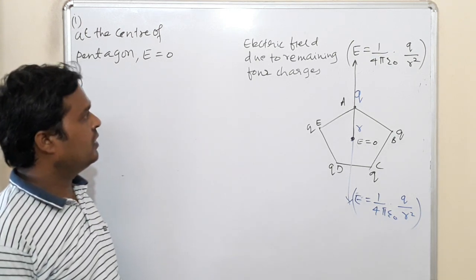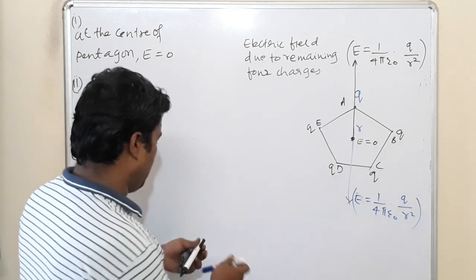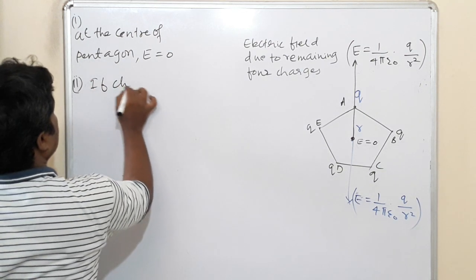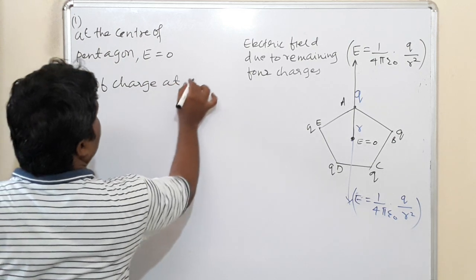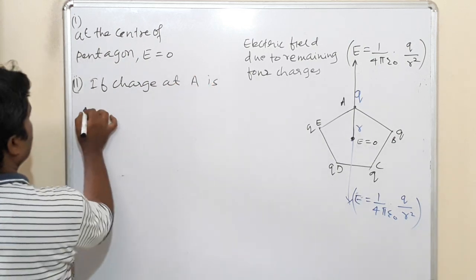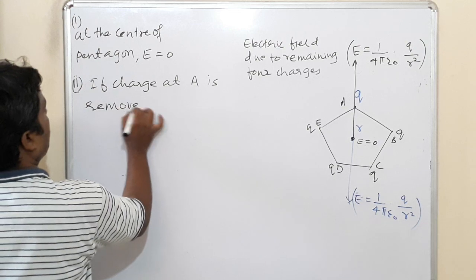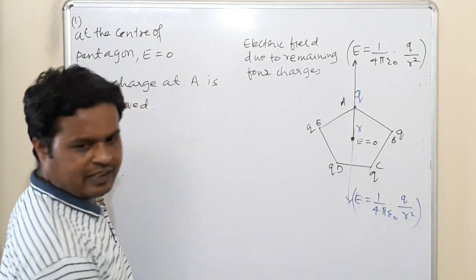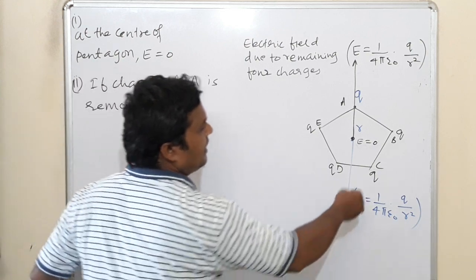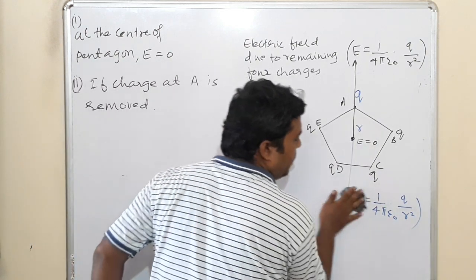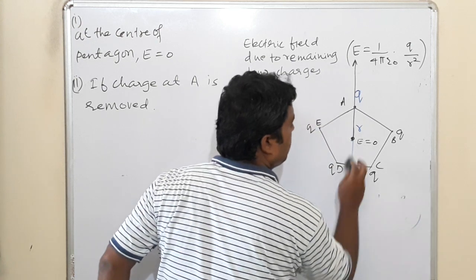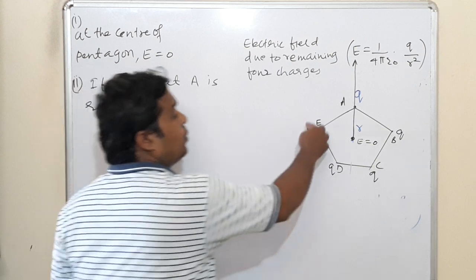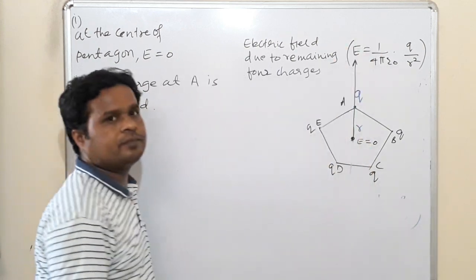Understood? That means now if the charge at A is removed, then the electric field due to A will not be there. How much will remain? The electric field due to the 4 other charges will remain.